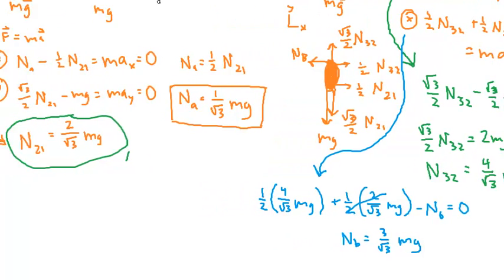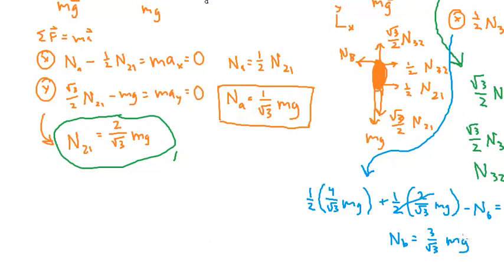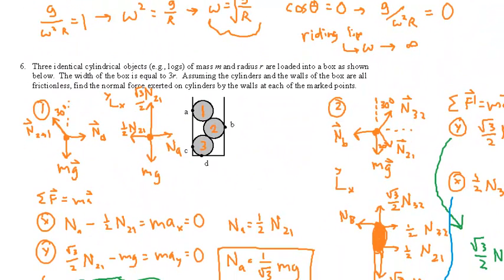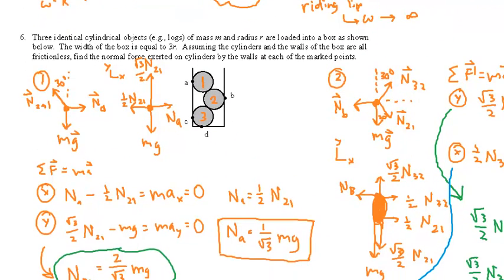Okay, so now that I know that, I'm going to take the x equation, and I'm going to switch to this sort of baby blue color, and plug that N32 in, and our N21 from before. So 1/2 times N32, which is 4 over root 3 mg, plus 1/2 times 2 over root 3 mg, minus NB equals 0.